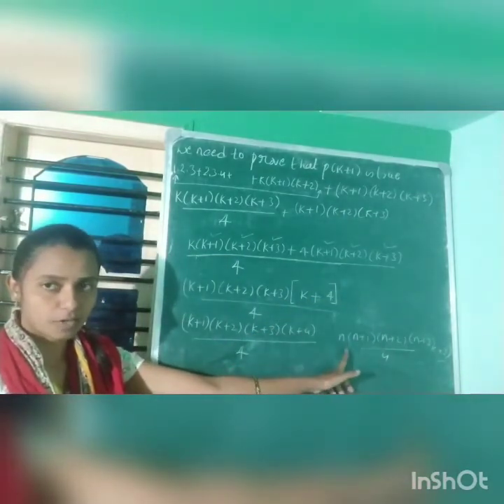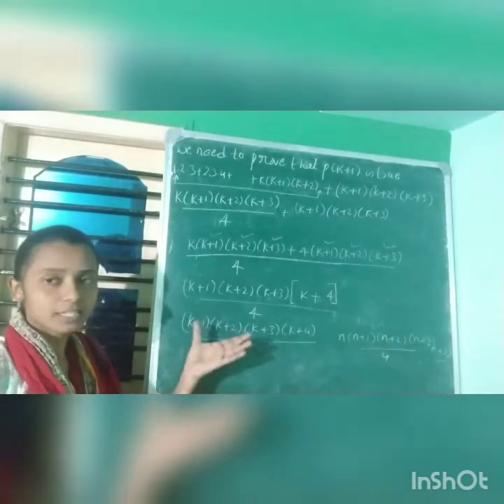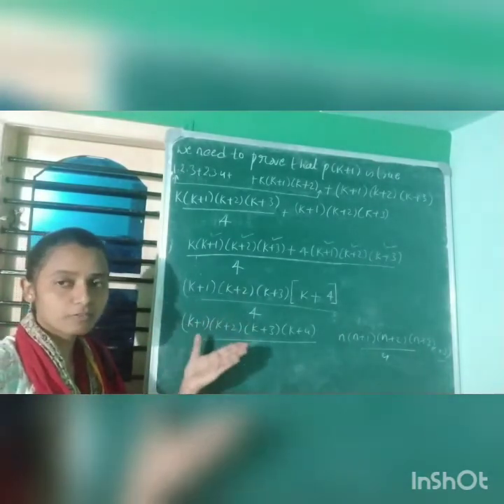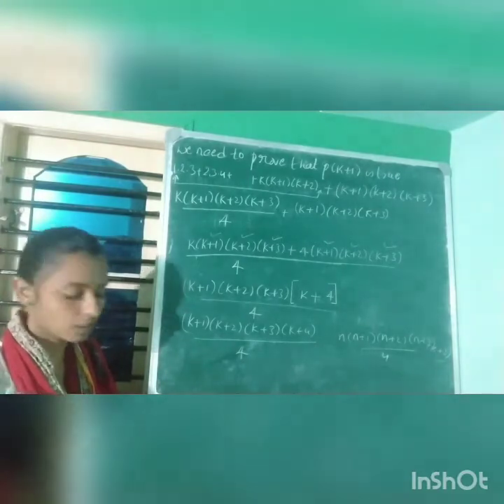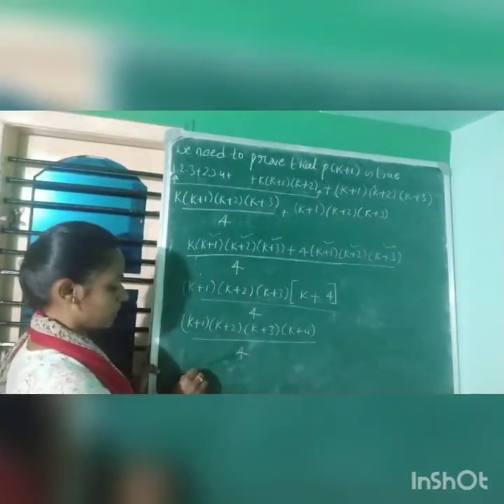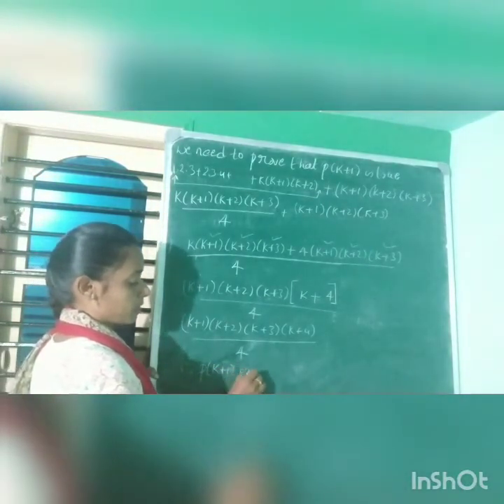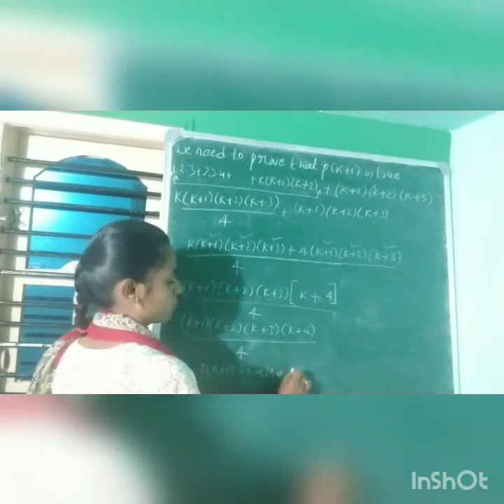In the place of n, we got k plus 1. Hence, you can say that the given statement is true even for k plus 1. Therefore, P of k plus 1 is also true.